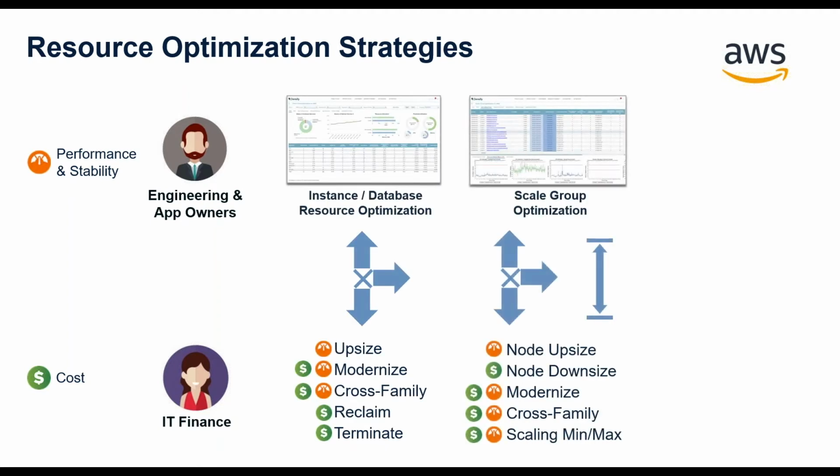So across a number of different resources within AWS, so whether it be EC2 or RDS systems, scale groups, what we're doing here is balancing. We're looking at those systems that are at risk, making perhaps those upsize recommendations to improve performance. But then once we realize that, okay, performance is fine, we then start to look at other possible recommendations.